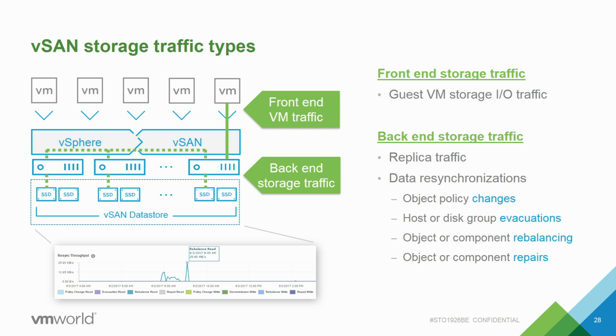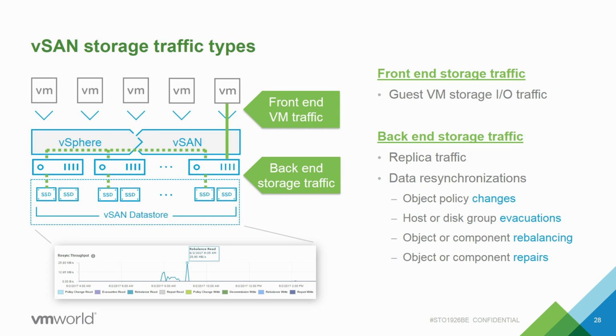Now, there are other types of back-end storage traffic, and this relates to the fact that vSAN is a distributed storage system, so it has to place data in multiple locations where the storage devices actually live across the hosts. So you have things like the resynchronizations of those objects or the components that make up those objects, just like John showed earlier in the presentation.